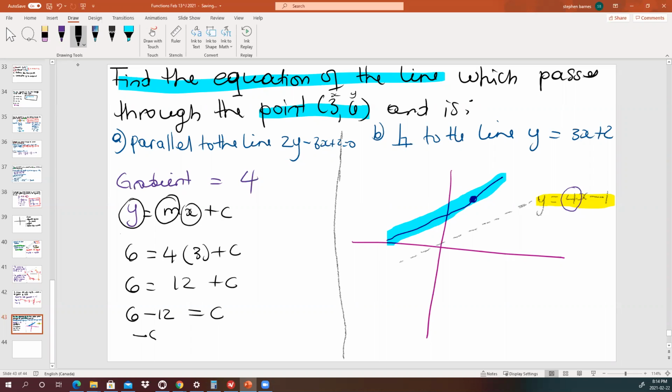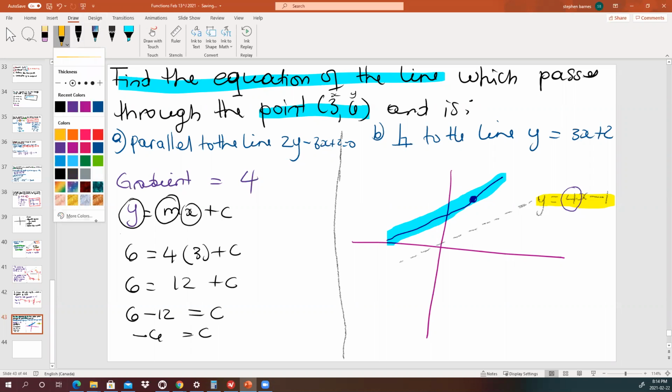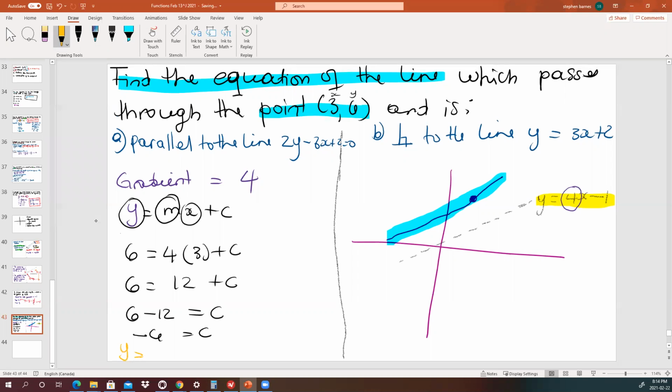So you have negative 6 equals c. So there we have it, we now have our c. So we can now write out the equation of our line of interest. The equation of our line of interest is going to be y equals 4x minus 6.